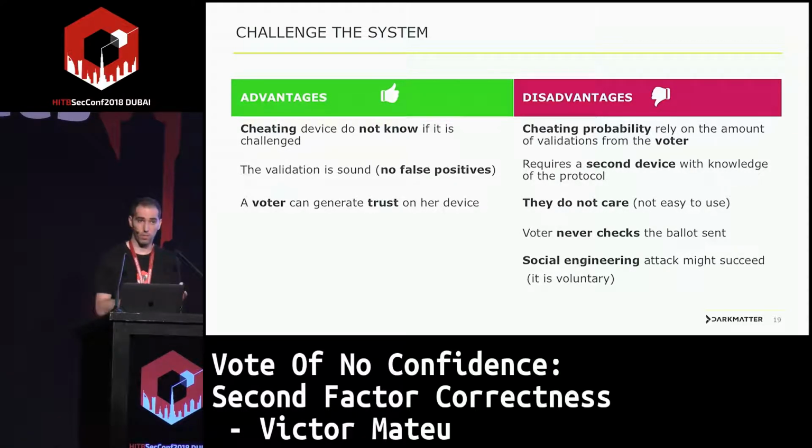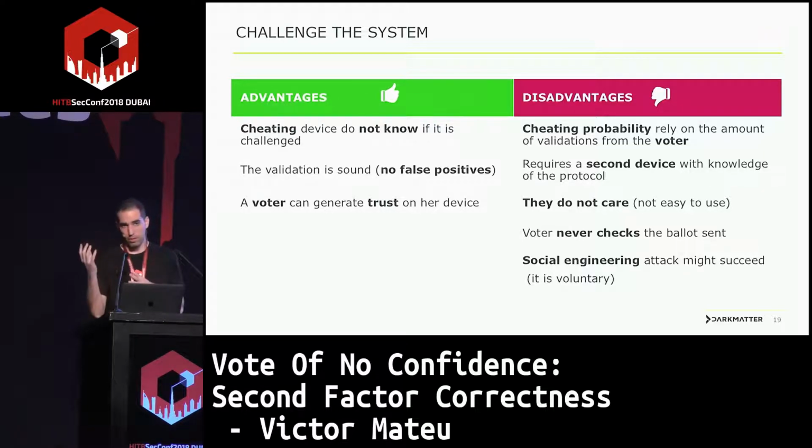The validation of this result is always sound. So if I got a proper ballot, I know for sure it contains the valid candidate. And of course, the voter is able to generate trust on the device. So if he doesn't trust the device, he will just not vote from it, and that would be the safest option for him. So that's very good.